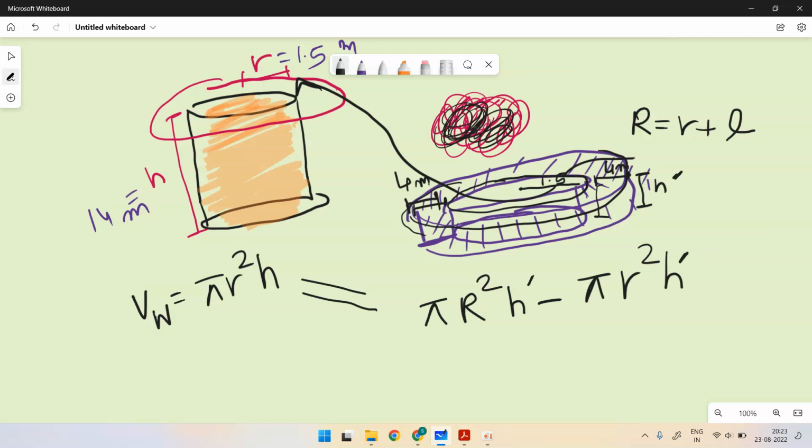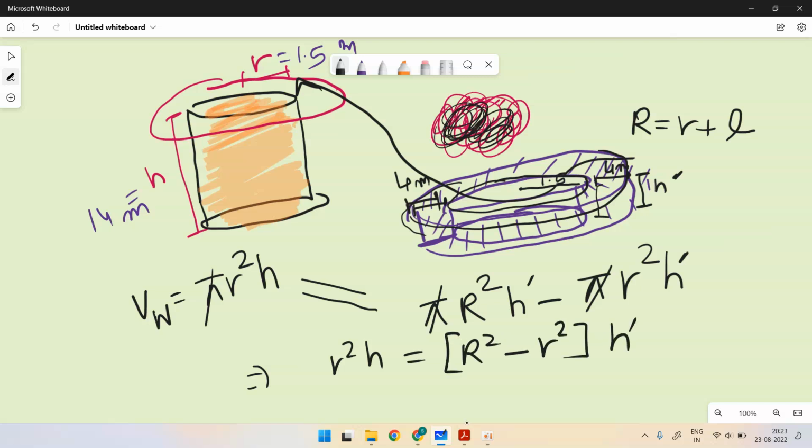H here is 14 meter and here you want to know what is h dash. So equate the two, pi gets cancelled, and r square h equals R square minus r square h dash.